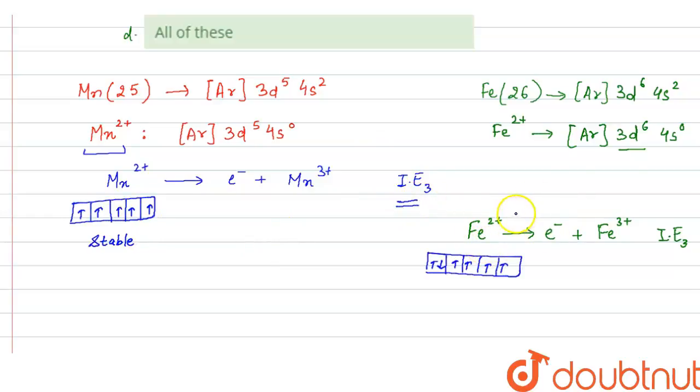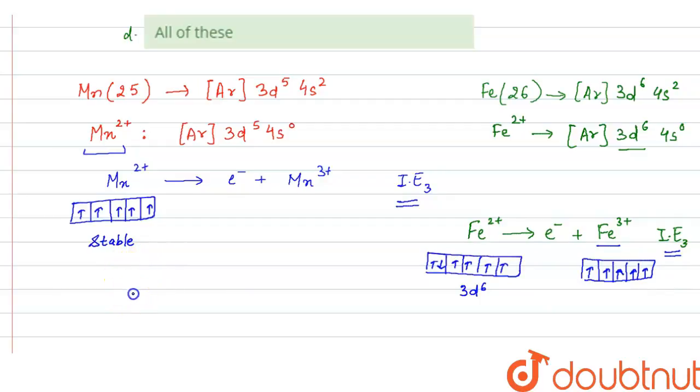But in Fe2+, we have 3d6 configuration. After losing one electron, we get Fe3+, in which there will be a half filled orbital, with 5 electrons in 3d. So after removal of the electron, we are getting a stable configuration. So the amount of energy will be less and removal of the electron will be easier.